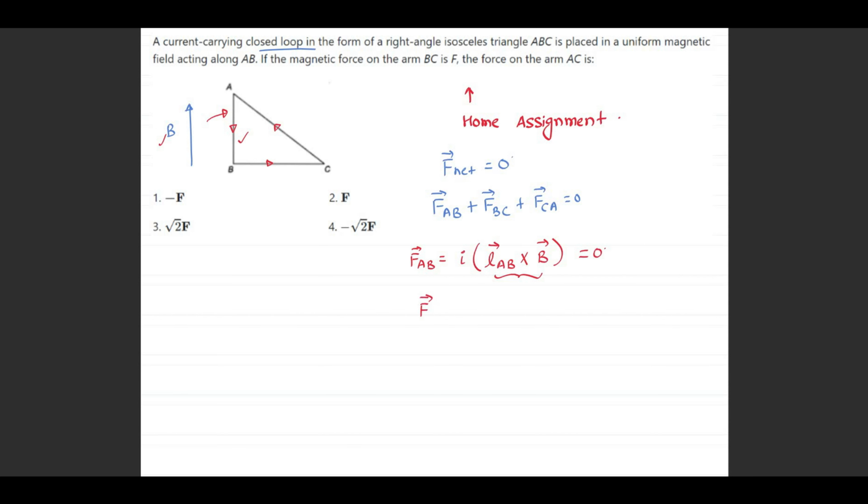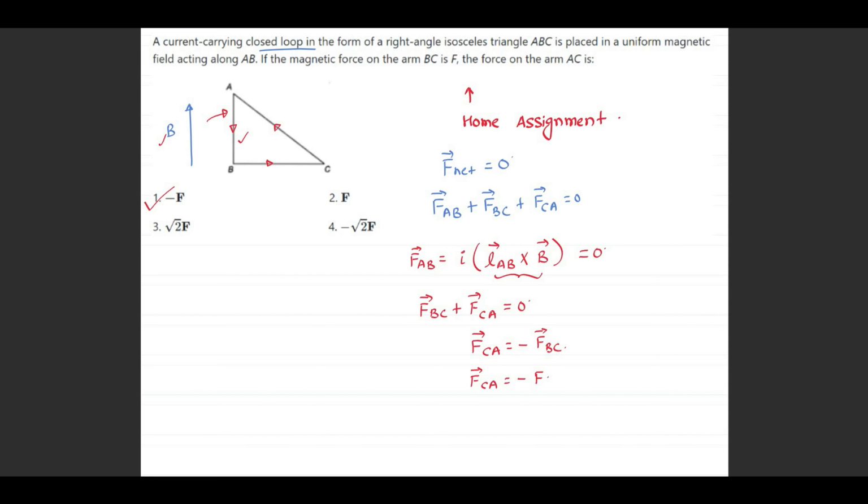Hence I can say, force on CA is negative of force on BC, and hence force on CA will be equal to minus F. So the correct answer is option 1.